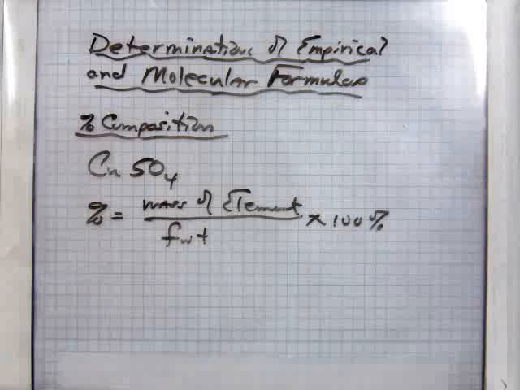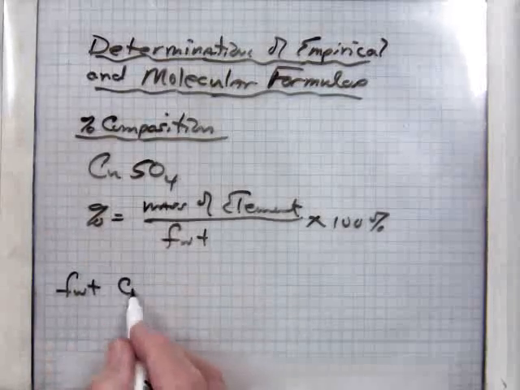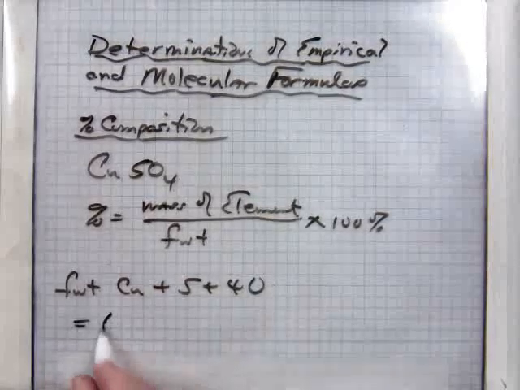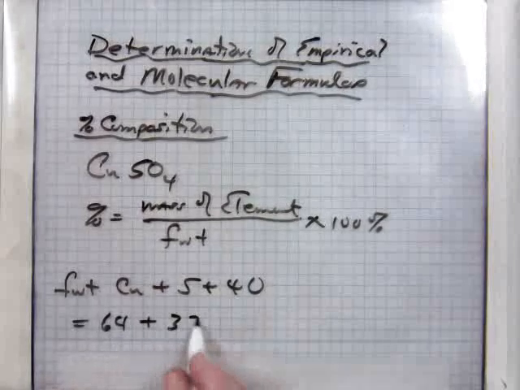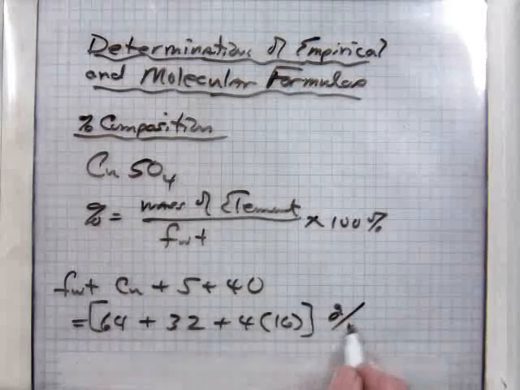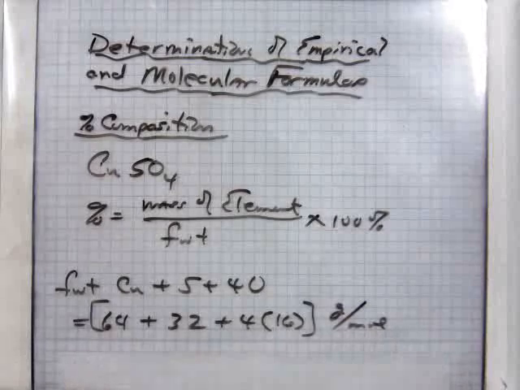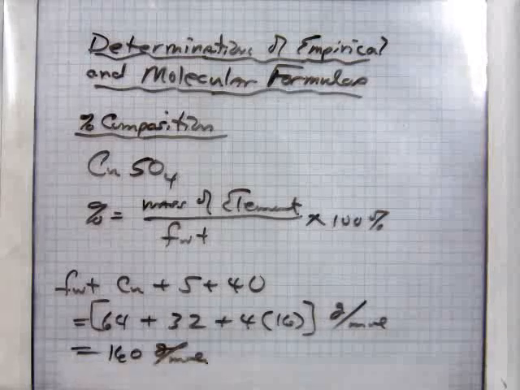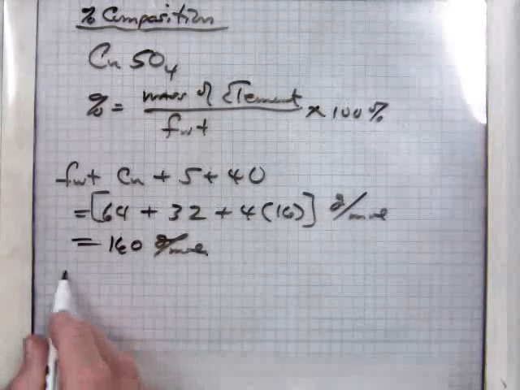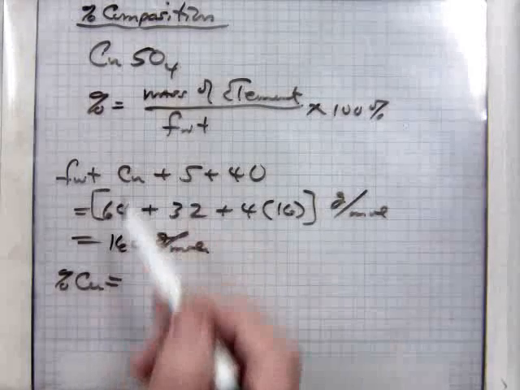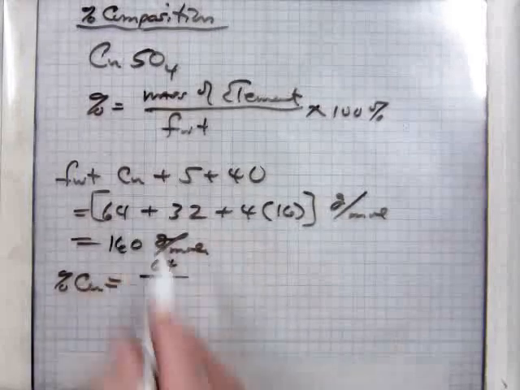Okay, so the formula weight is copper plus sulfur plus 4 oxygens, which is 64 plus 32 plus 4 times 16, and that's grams per 1 mole, or gram formula weight, 160. And so percent copper would simply be copper mass divided by 160, and that's 64 over 160.